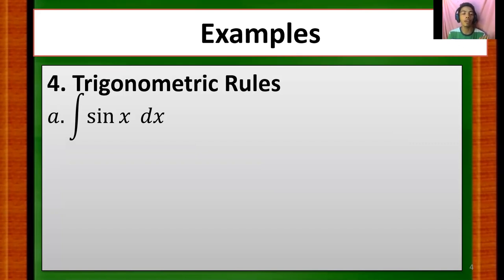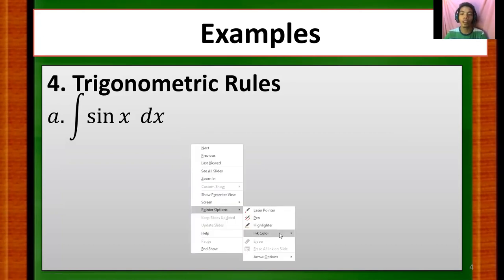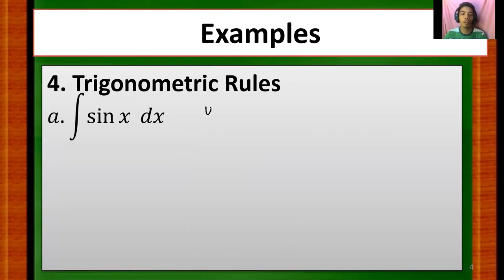Let's say, for example, we have the integral of sine x dx. Ang u natin is equal to x. Okay? So, therefore, our u is equal to x. Di ba, nung una dun sa ating exponential rules, kinukuha natin ang u and kinukuha din natin ang du. Ganito din ang gagawin natin sa trigonometric rules.